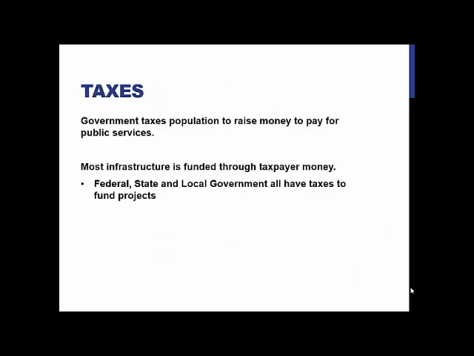Some examples of government taxes that can raise money, they'll be on either a federal, state, or local level. They all have taxes to fund projects, so depending on where you live, you will be taxed for different things and at different rates. It can be in the form of income taxes, property taxes, or other sales type taxes.